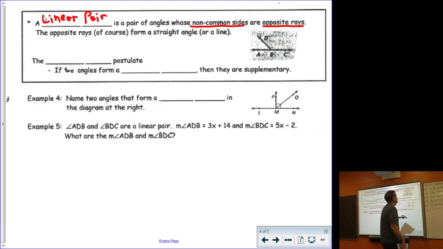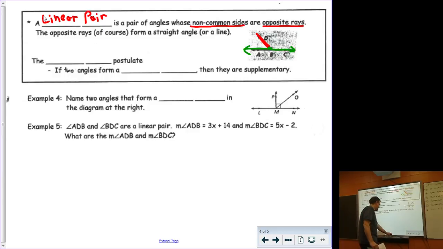So, a linear pair would be, they would share a side, and the other, the non-common sides, would be opposite rays. So there's one ray, there's the other ray, those are opposite rays. That makes this a linear pair, or a pair of angles that form a line, linear.